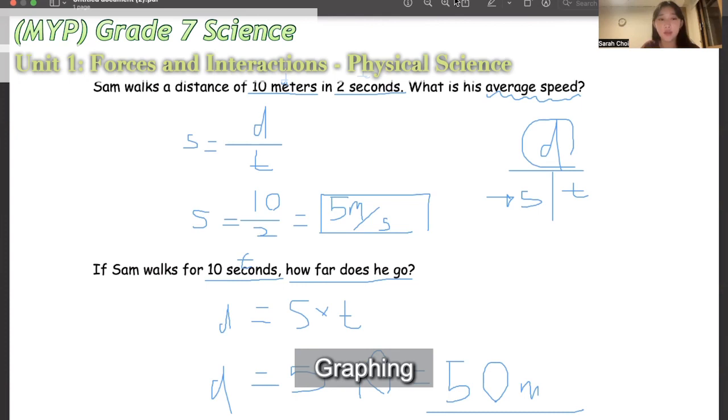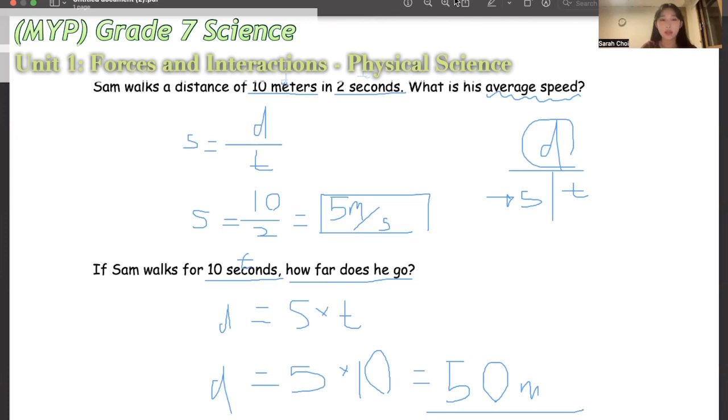The first one is for a stationary body. The second one represents a uniform motion. The third one represents a non-uniform motion when the speed increases. And the final one represents a non-uniform motion for when the speed decreases.